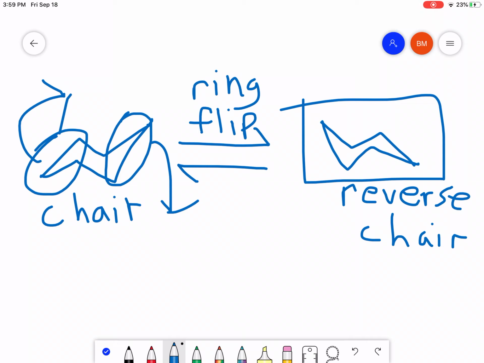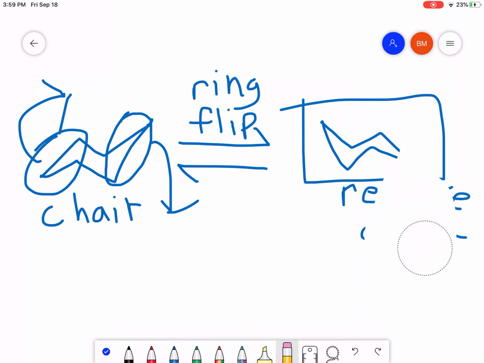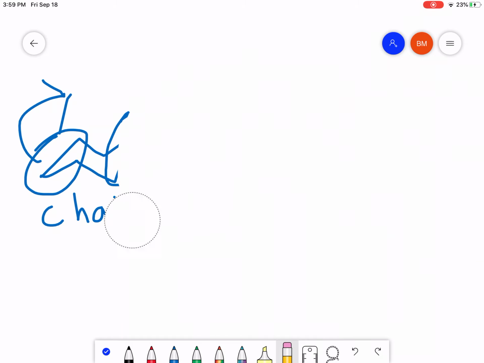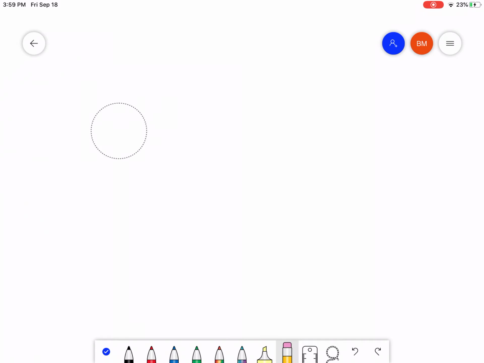Now, whenever you do a chair flip, one thing that's important to remember is that the relative positions of substituents are going to change. Okay? Let's take an example. Let's take a look at something like this. This is methyl cyclohexane. It's just cyclohexane where one of the H's has been replaced by a CH3.